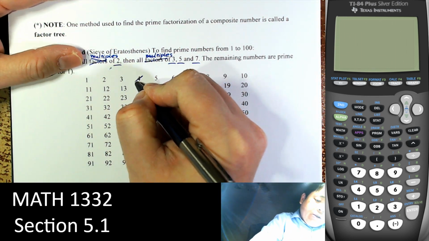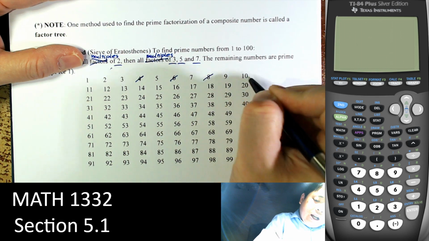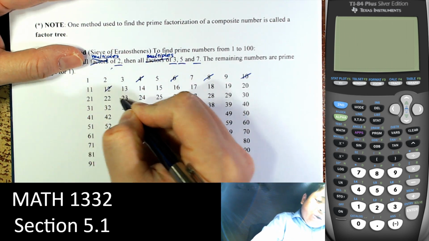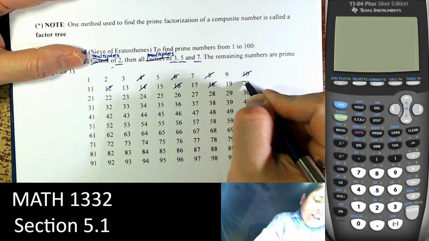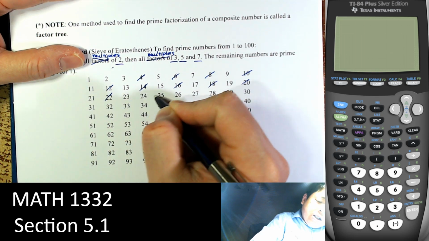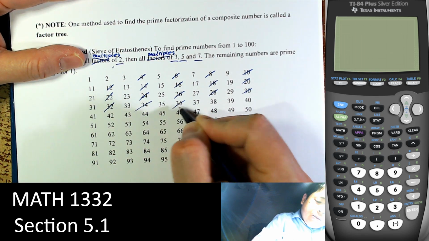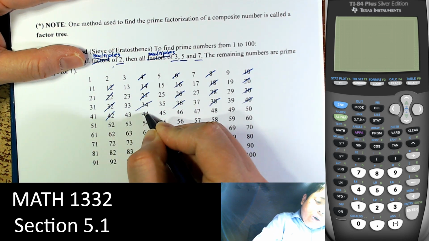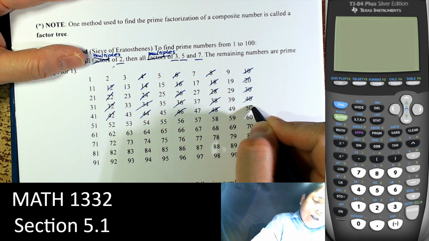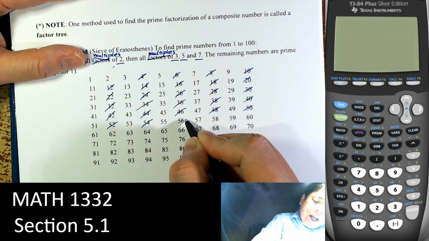So cross out 4, 6, 8, 10, 12, 14, 16, 18, and so on, all the multiples of 2, not counting the 2 itself.